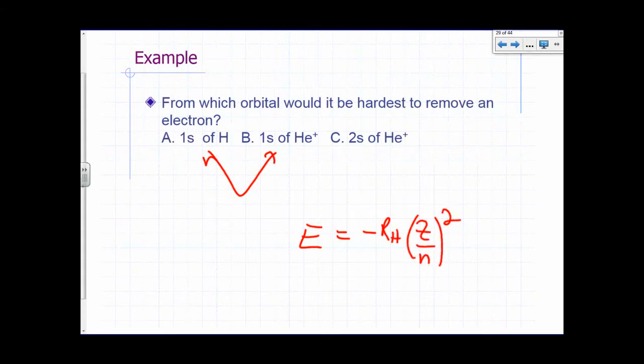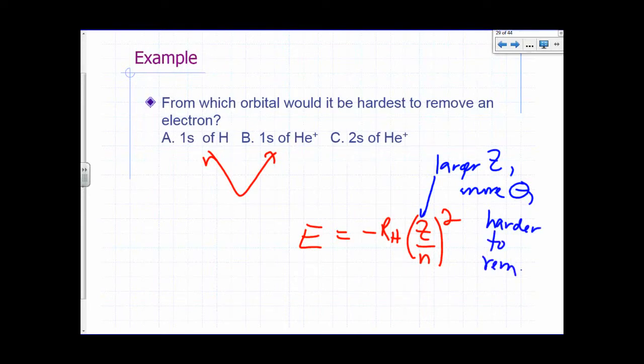The larger the Z, the more negative your energy is, and the harder it is to remove, everything else being the same. Think of it this way: the larger the Z, the more protons you have in the nucleus, the more protons are pulling that electron in. So everything else being the same, a higher Z would make it harder to remove an electron.